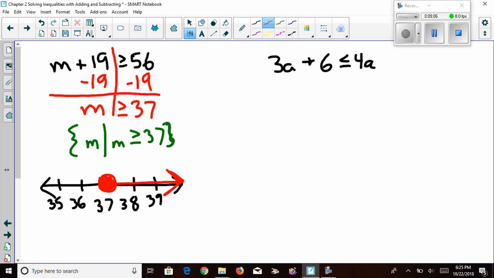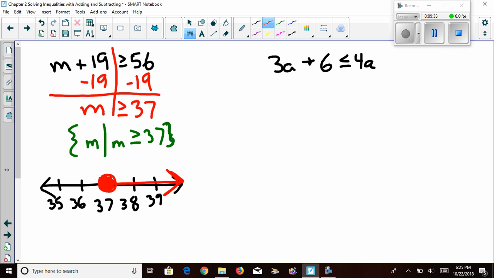My final example. 3a plus 6 is less than or equal to 4a. As we talked about when solving equations, we need to get all the a's on one side and all the regular numbers on the other. And a hint for this section is that most examples we give you, we start by moving the smallest piece with the a on it.